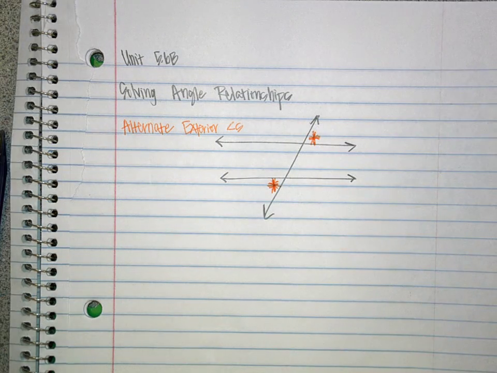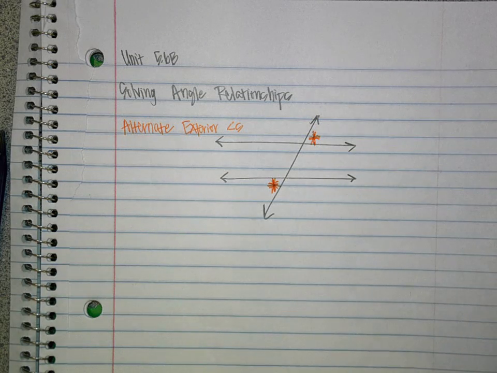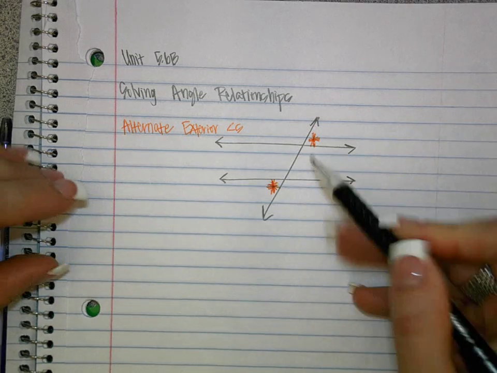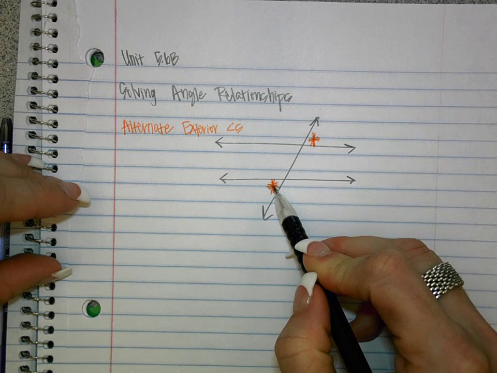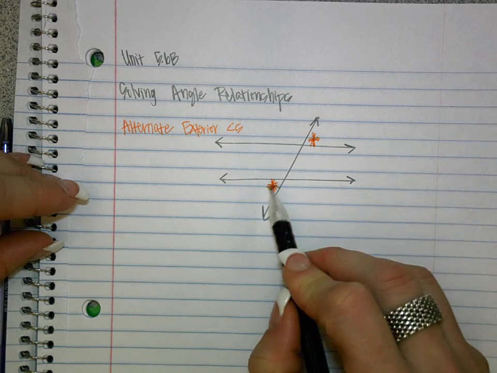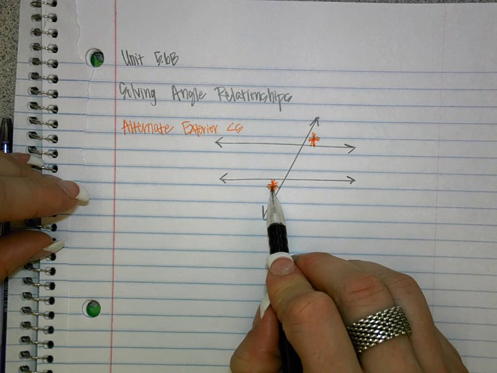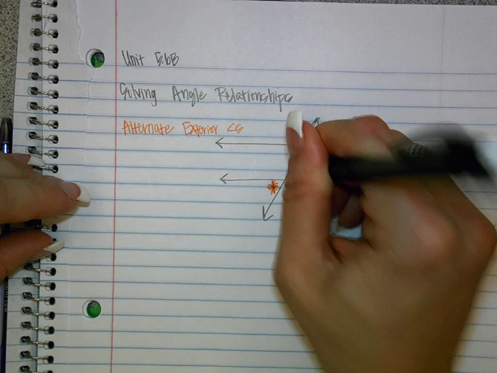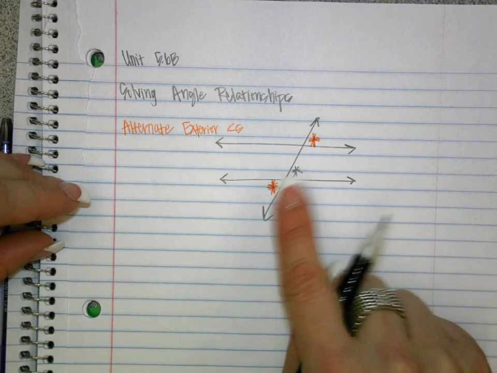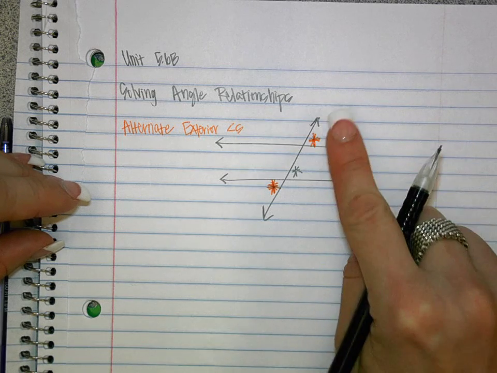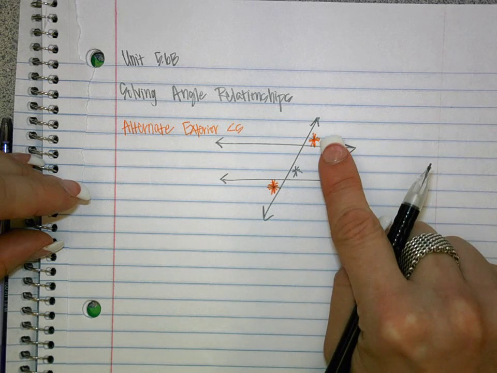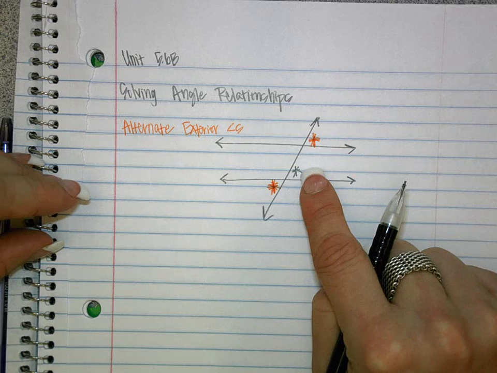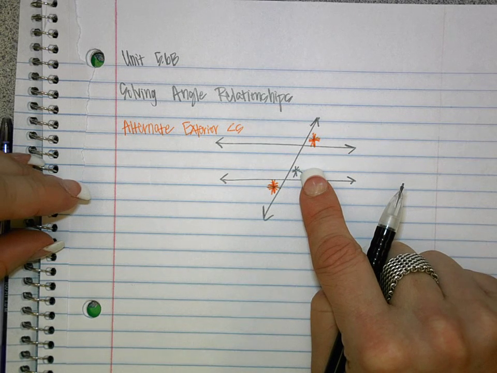Let's see if we can discover this relationship. If I asked you where the vertical angle for this one would be, you'd put it right here, just opposite of it. Would you agree these two are equal because of vertical angles? What would these two be called? Corresponding. And what do you know about corresponding angles?